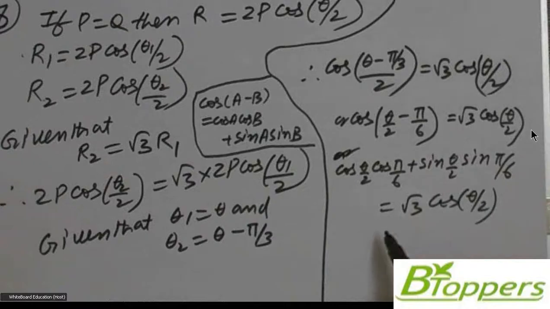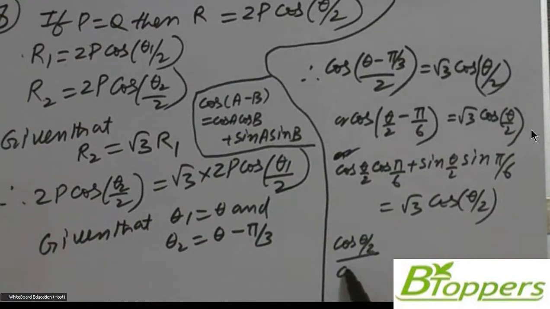So you can divide both sides of the equation with cos theta by 2. So cos theta by 2 divided by cos theta by 2 becomes 1.